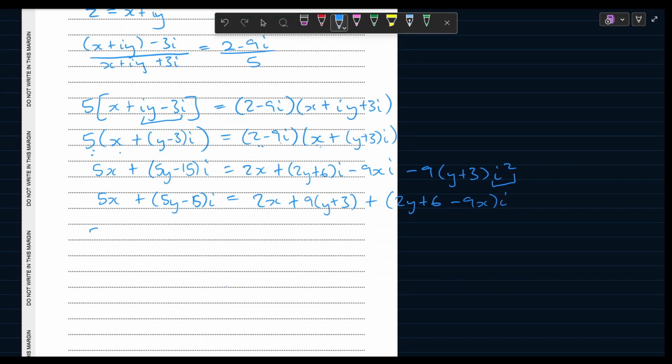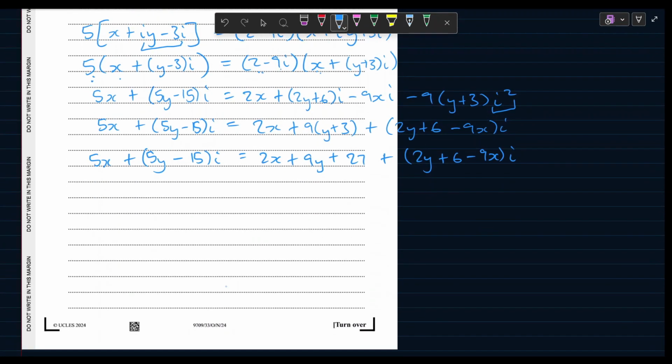So this is 5x plus 5y minus 15i is equal to 2x, multiplied through by 9, that is 9y plus 9 times 3, which is 27. And then we've got our imaginary part, 2y plus 6 minus 9x i.